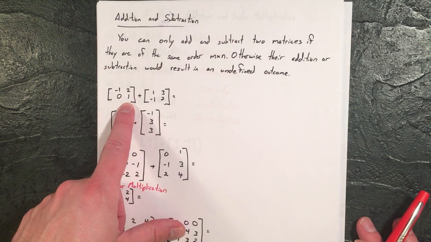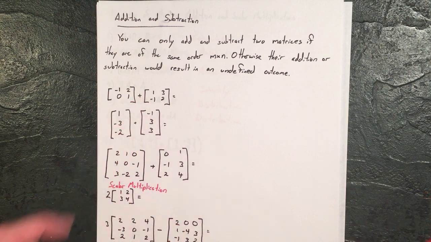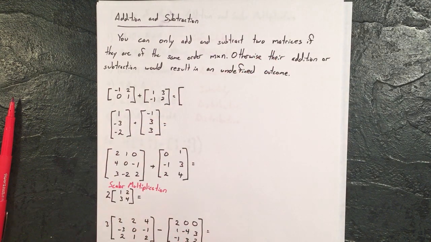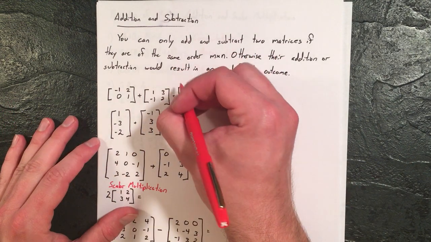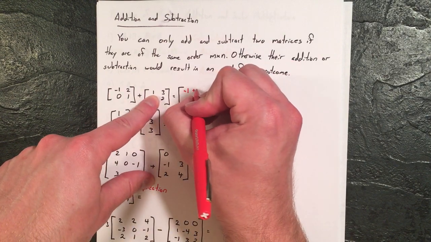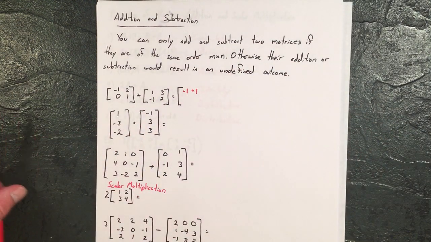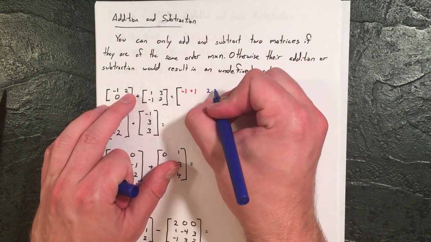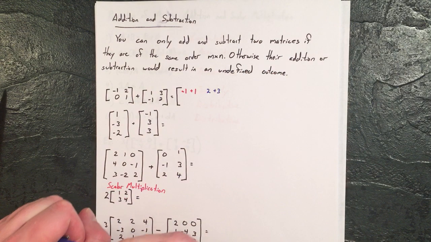So looking at this first one, we have two 2 by 2 little square matrices. Adding these together, the addition is very intuitive and what you would think of it. So I'll write it all out here. For that first term, you have -1, because that's in the first spot, and you would then be adding it to 1. The next one over here, going across, we would have 2 plus 3.